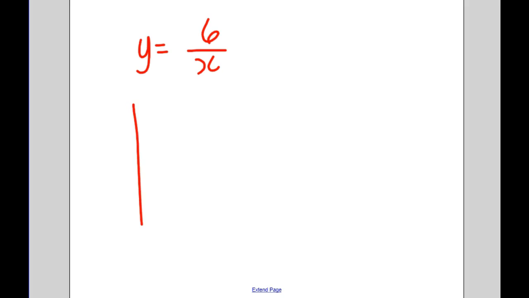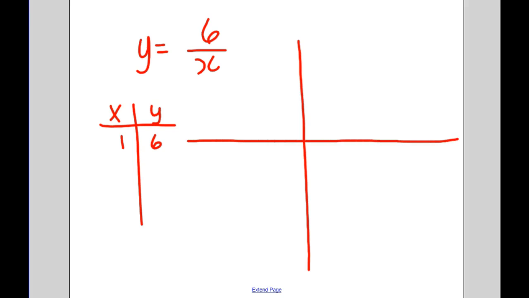So if we make a table of values, let's just try to pick some points so we can figure out what the picture is going to look like. I'm going to pick numbers that can divide into 6. If x is 1, my y would be 6. I'll draw my beautiful diagram over here.